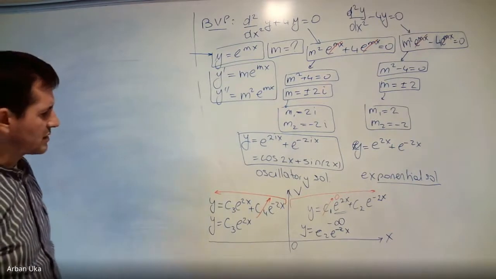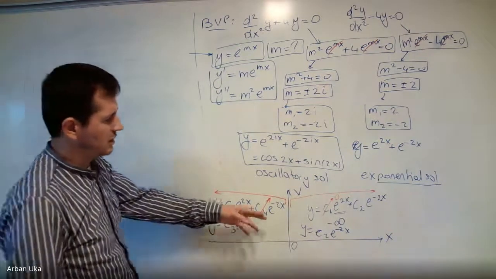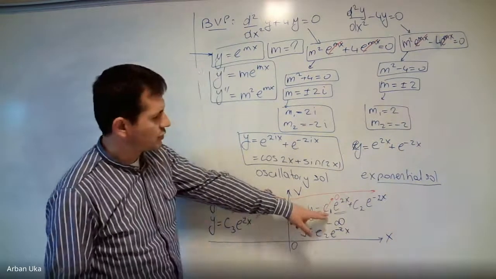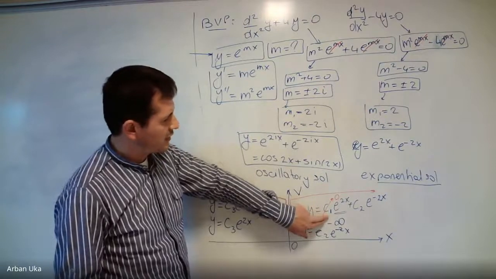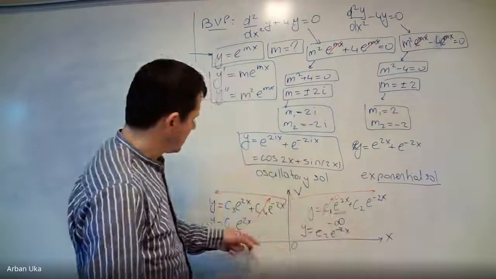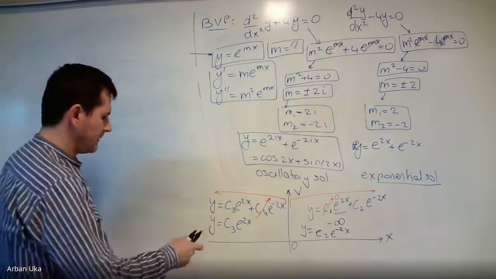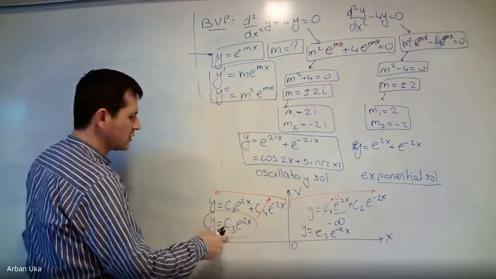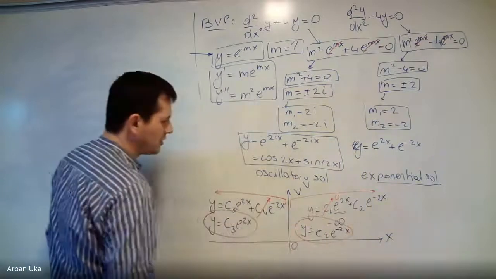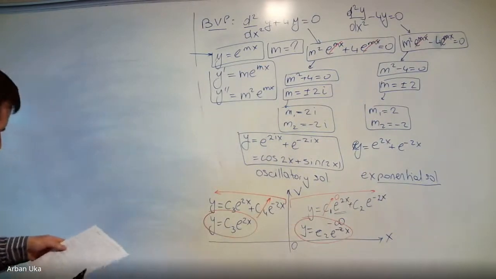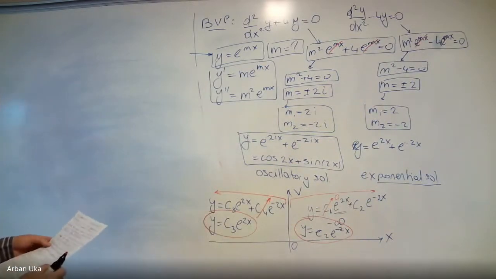This would blow through the roof if we are working with positive x's, and this would go through the roof if we are working with negative values. So whenever you find a solution, you immediately go and choose this option as a possible solution.